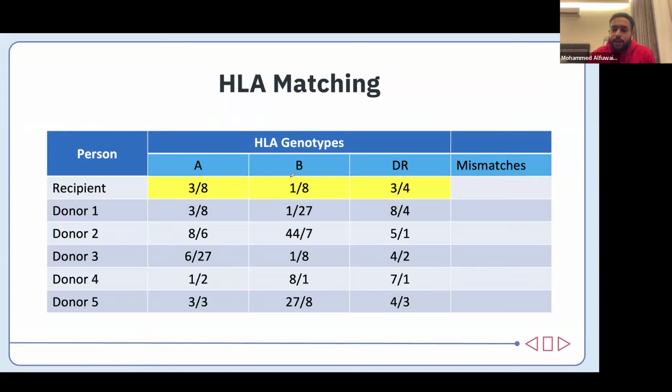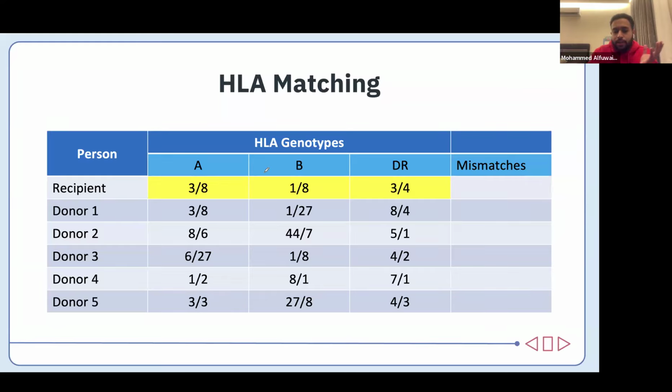A will have 2, B will have 2, C will have 2. DR will have 2, DQ will have 2, DP will have 2. So in total, you have 12 alleles. What you need to do is, when you have a recipient, you look at a list of donors. The one that has the least mismatches is the best donor. Okay?